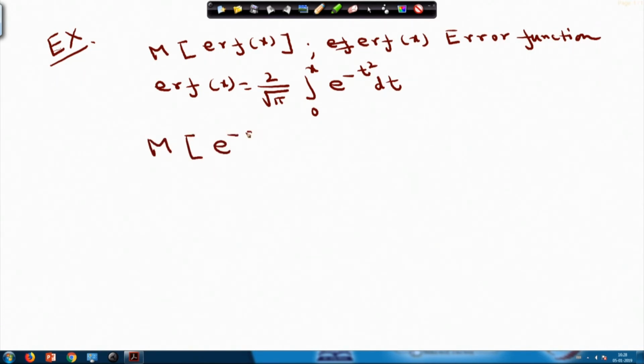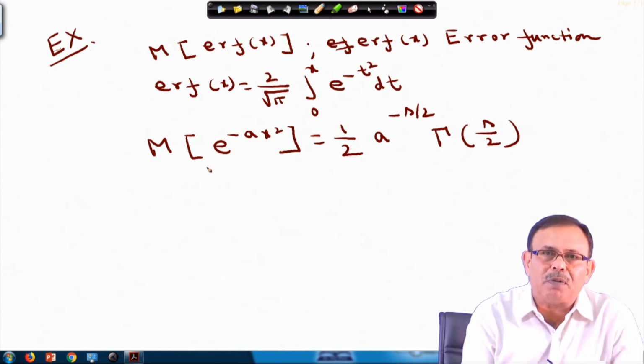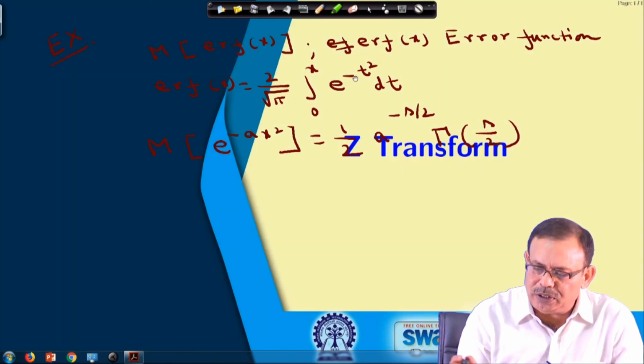If you remember, we know the Mellin transform of e power minus x square. This we have done earlier, that is half into a to the power minus s by 2 into gamma(s by 2). So, the Mellin transform of e power minus a x square equals half into a to the power minus s by 2 gamma(s by 2). Basically, we are interested in e power minus t square, which is here.